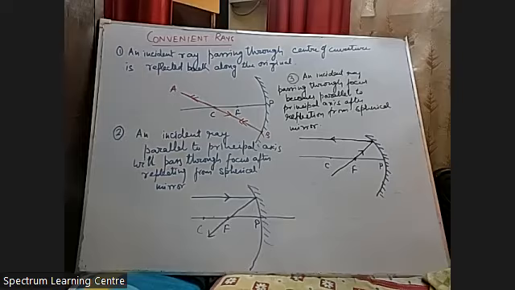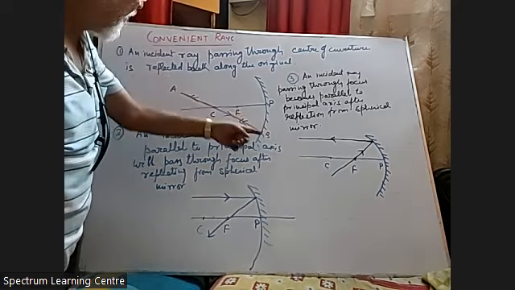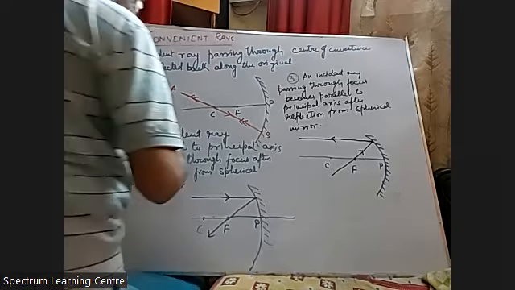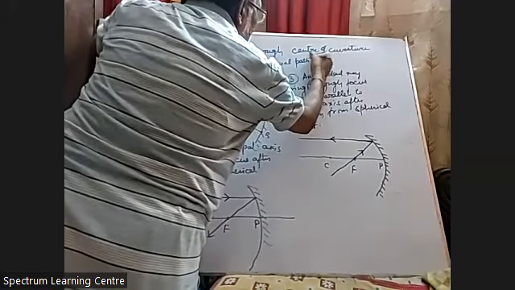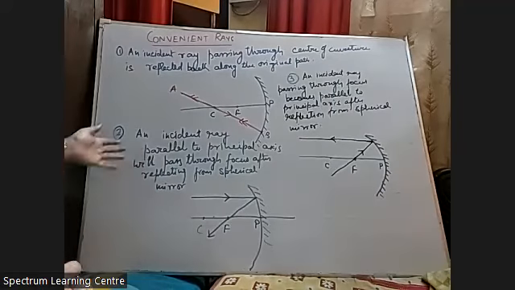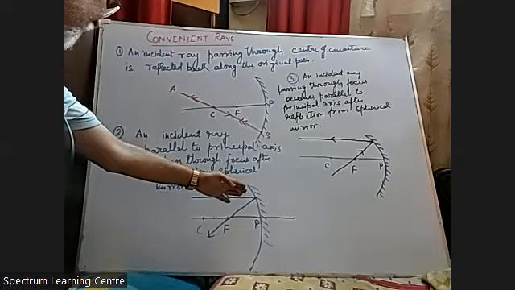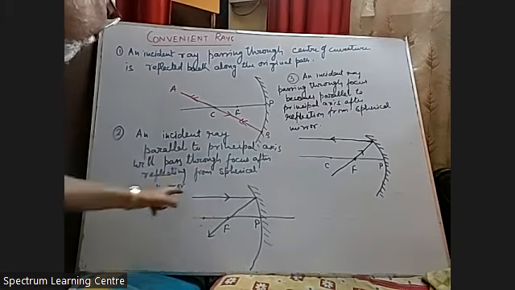Just note this down. First, a ray passing through the center of curvature will reflect back along the original path. Again, an incident ray parallel to the principal axis will pass through the focus after reflecting from a spherical mirror.